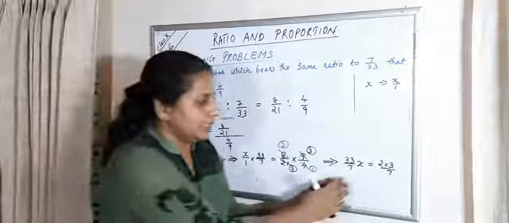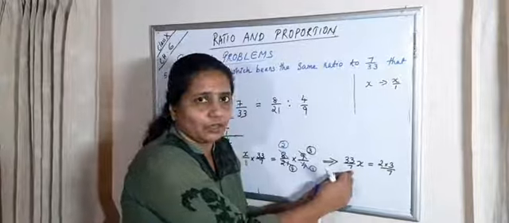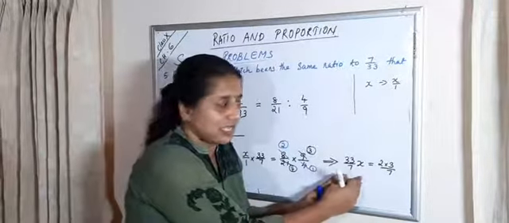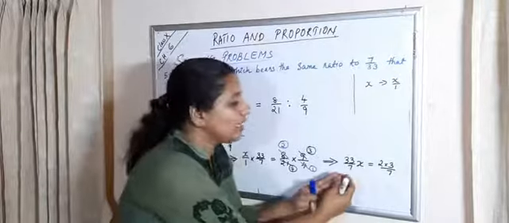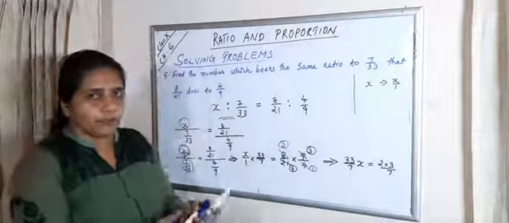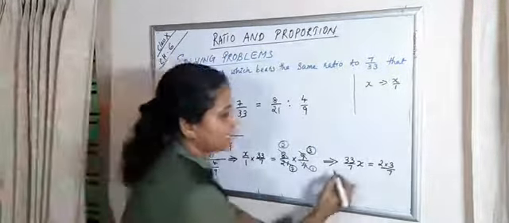Look here, there is no addition or subtraction sign between these terms, only multiplication. So we can cancel 7 from there itself. I am cancelling this 7.